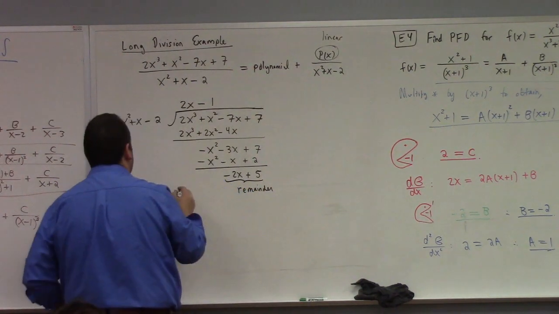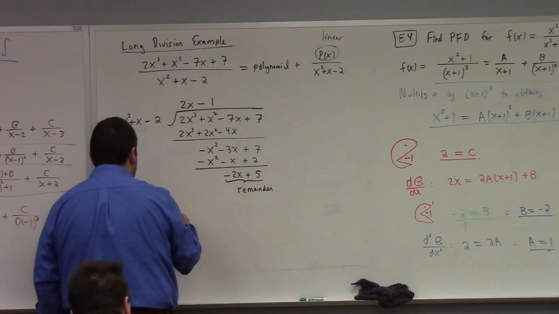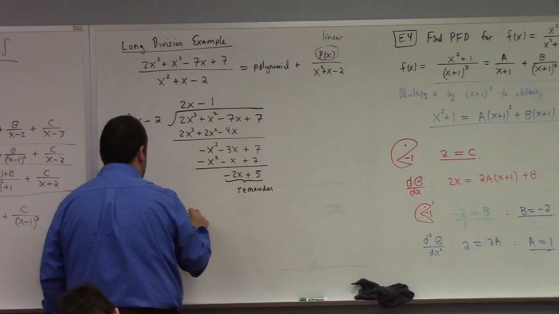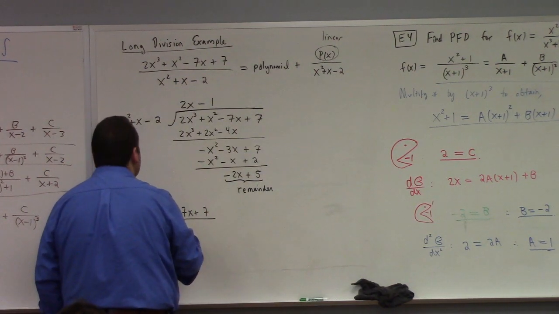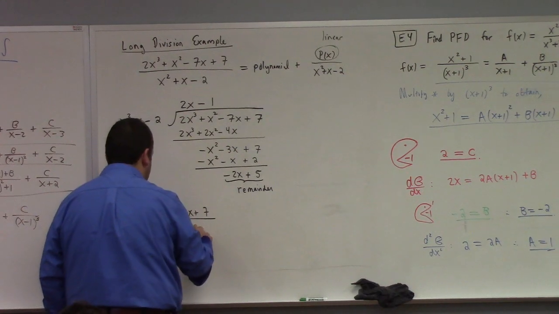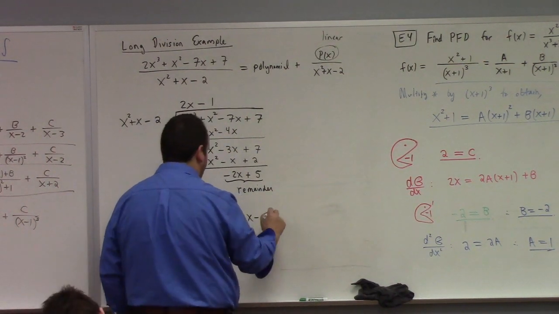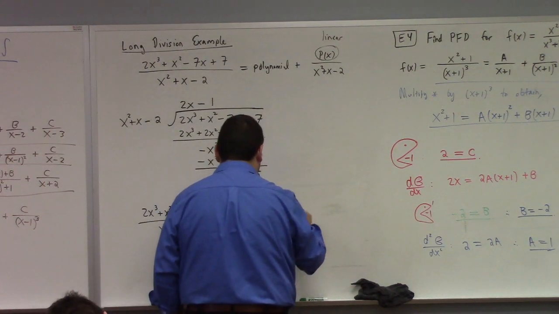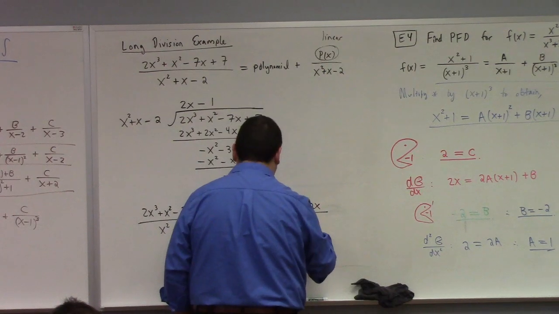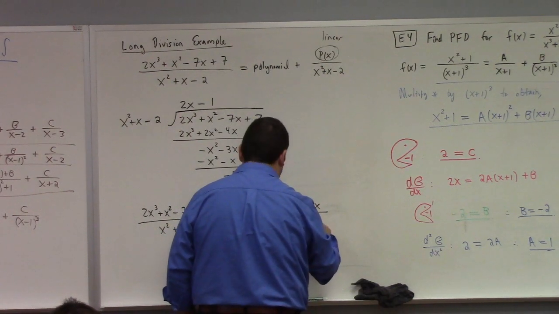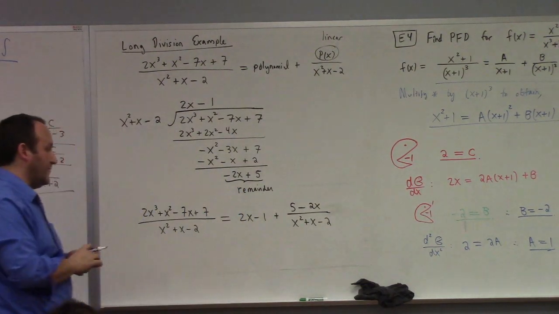So what this shows us is that 2x cubed plus x squared minus 7x plus 7 over x squared plus x minus 2 is equal to 2x minus 1 plus 5 minus 2x divided by x squared plus x minus 2. So there's my polynomial and then my proper rational function.